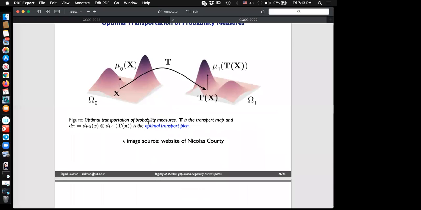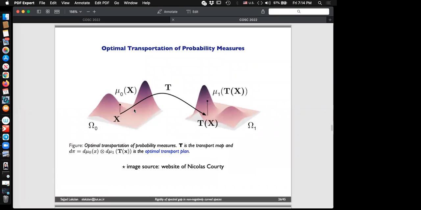There are various ways you can define this optimal transport problem. You can talk about the Monge problem, which starts with a map that actually tells you where each portion of the mass goes. But you can start with the weaker version, the Kantorovich version. Nevertheless, on many nice spaces, you still get a unique transport map T.